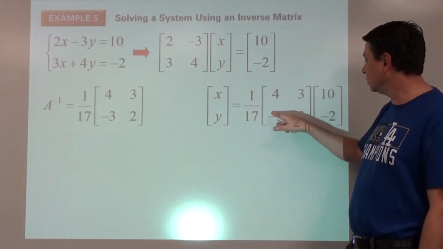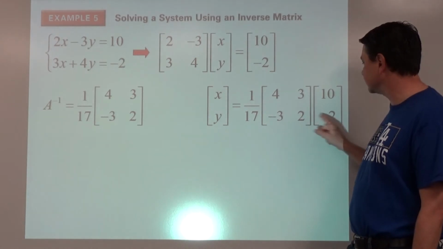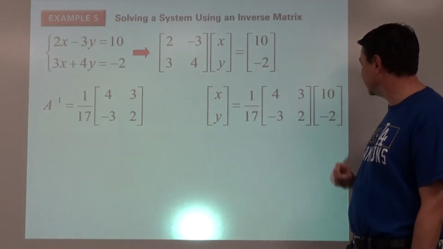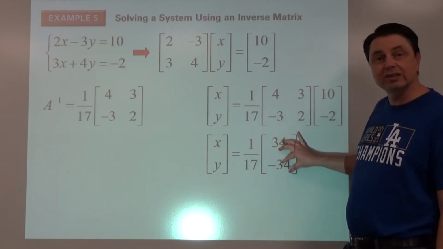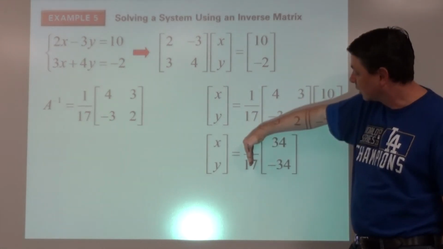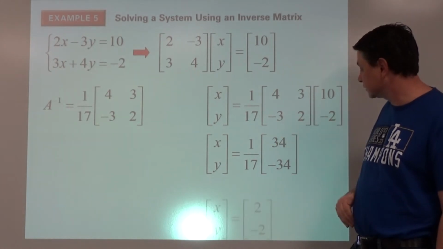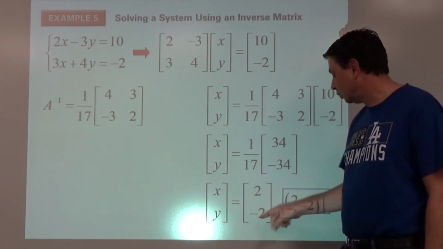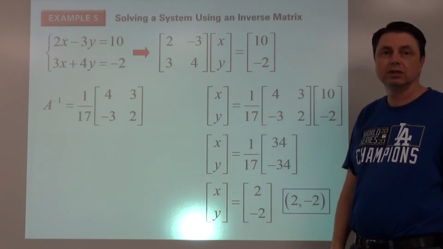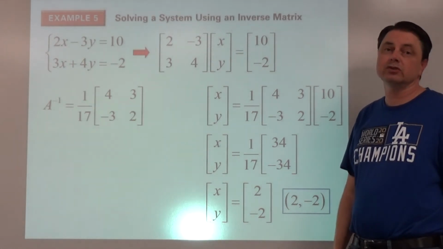On the bottom row, first and first, second and second, negative 30 and negative 4, that's negative 34. Now do the scalar multiplication, 1/17 times both of those. There we go. We got X is 2 and Y is negative 2, using inverse matrices.